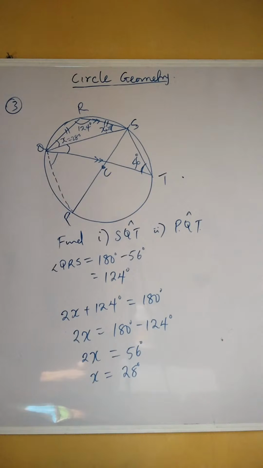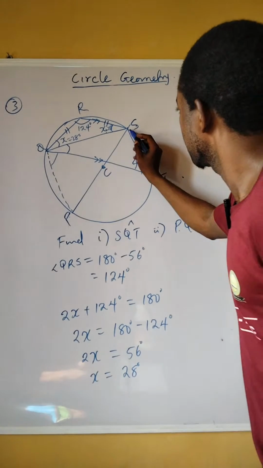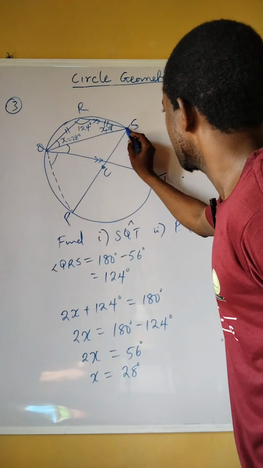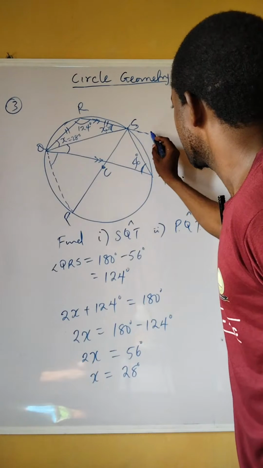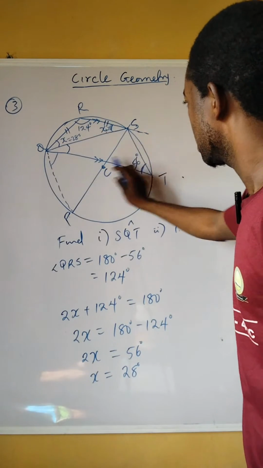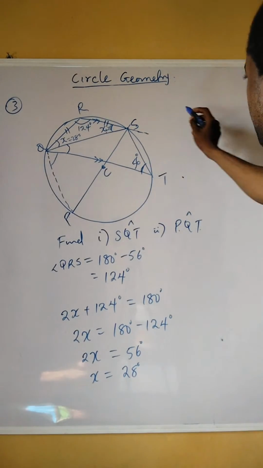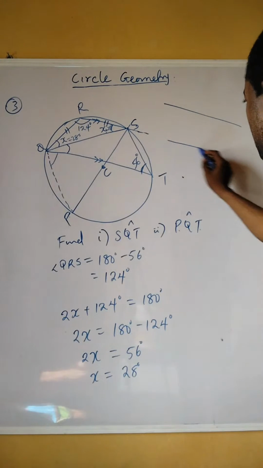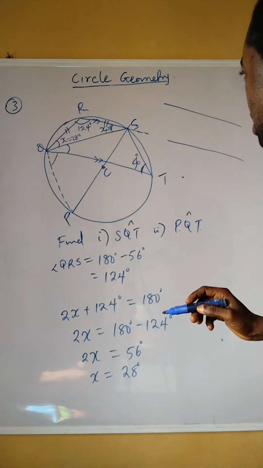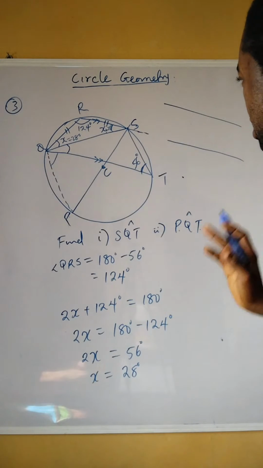Now, let's look at something from this place. There are 2 lines here parallel to each other. If you like, you can extend this line, which is parallel to this line. And you know, when a transversal crosses two parallel lines, some angles are equal.